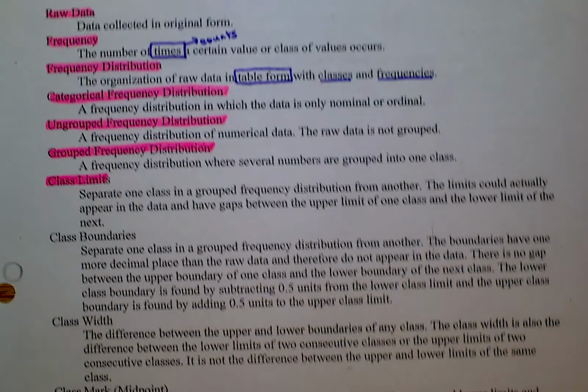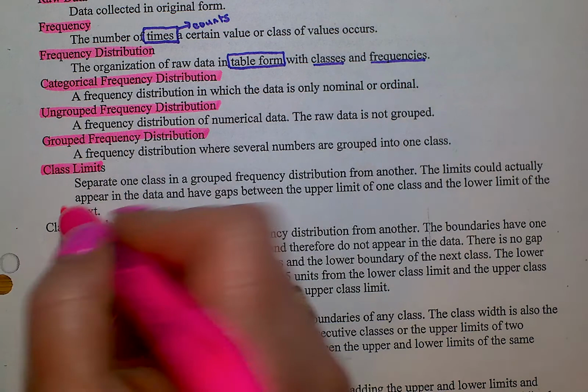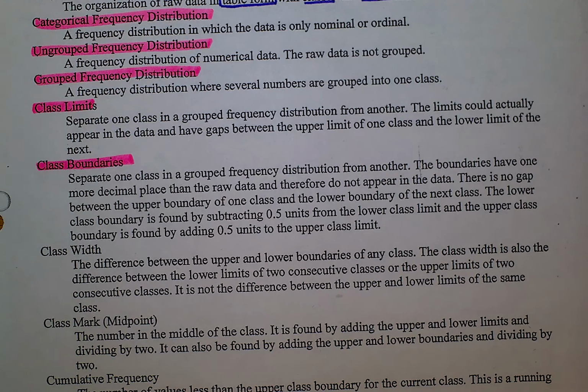Class limits: that separates one class in a grouped frequency distribution from another. The limits could actually appear in the data and have gaps between the upper limit of one class and the lower limit of the next. Class boundaries: they separate one class in a grouped frequency distribution from another. The boundaries have one more decimal place than the raw data and therefore do not appear in the data.